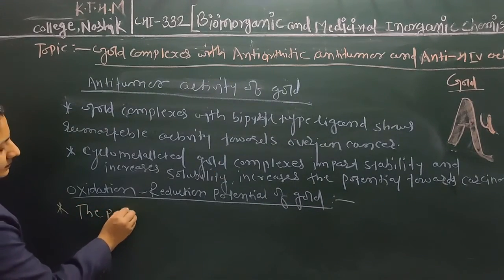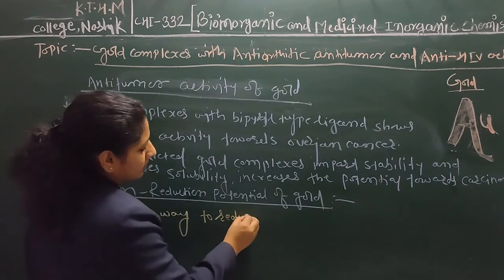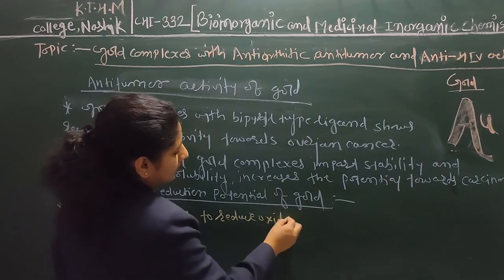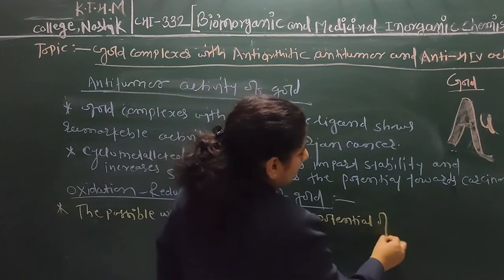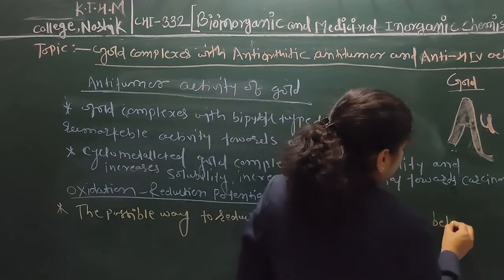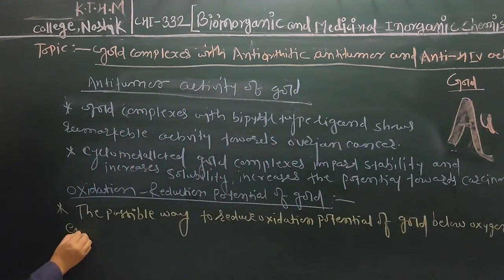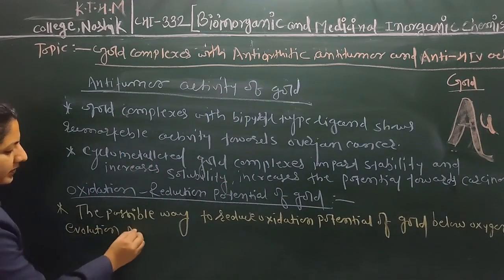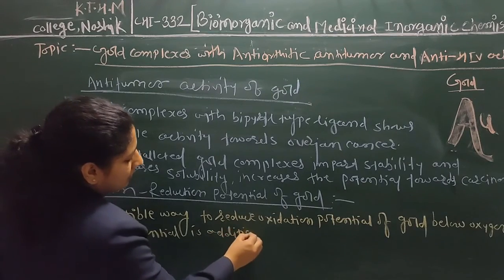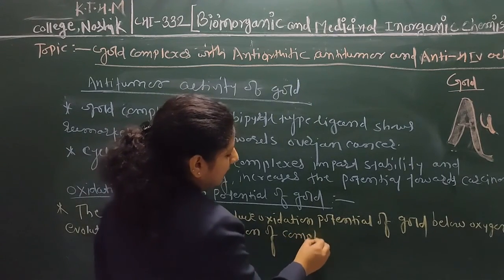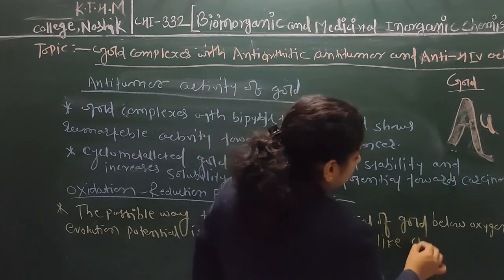The possible way to reduce the oxidation potential below the oxygen evolution potential is addition of complexing ions like chlorides.